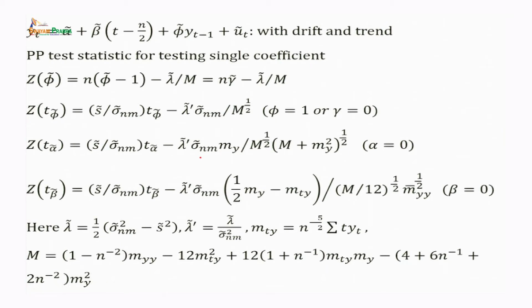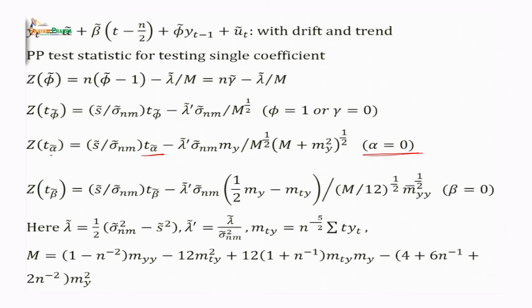So, basically you want to test the hypothesis alpha equal to 0, and for that purpose you use this statistic. Here actually this t alpha curl is the usual t statistic for testing the null hypothesis alpha equal to 0, the usual t ratio.